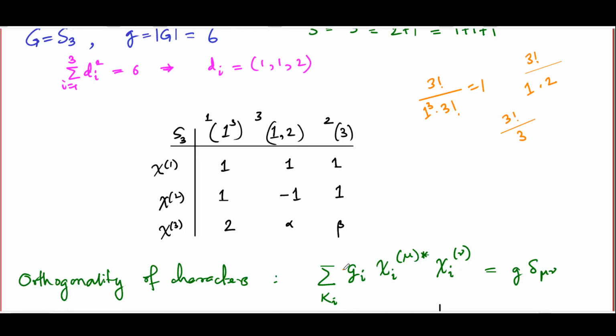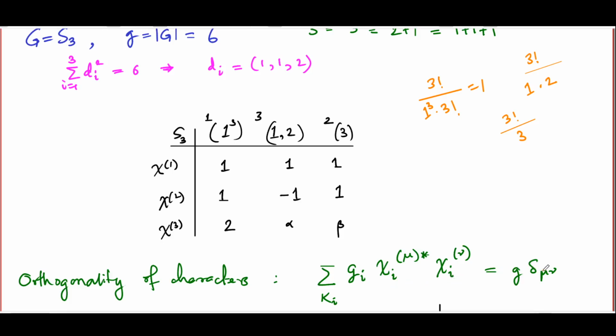The orthogonality property for characters, which is a very important result in representation theory, goes as follows. If you take chi-i mu's conjugate, multiply it by chi-i nu, where mu and nu label different irreps, weight this by the number of elements in the ith class and sum over all classes.